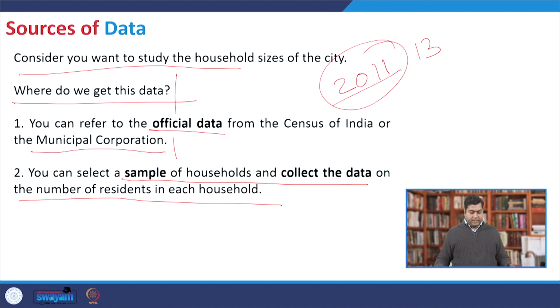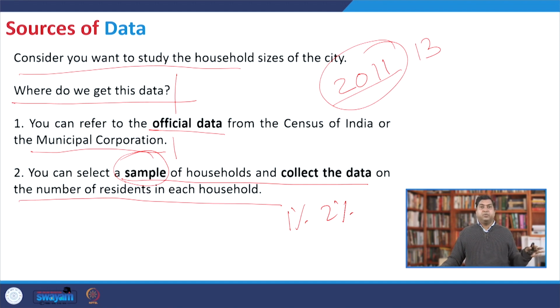For such cases, many times you also need to rely on a sample survey. Whenever you go for a sample survey, you have to select a representative sample. Depending on certain handbooks, there is mention of picking 1% to 2% of the total households in a study area to make it representative.